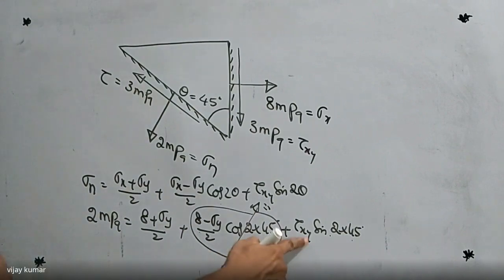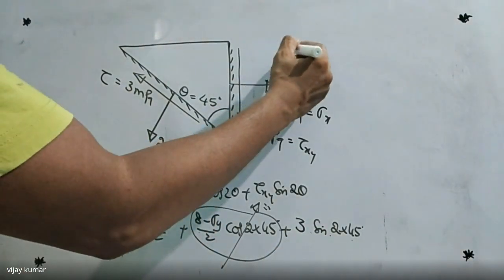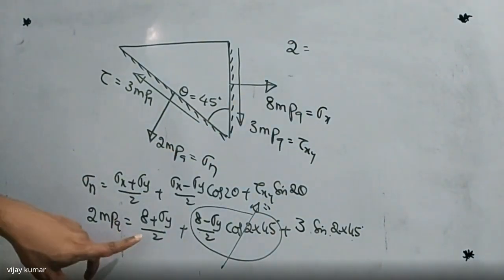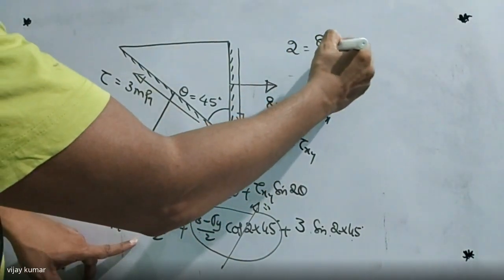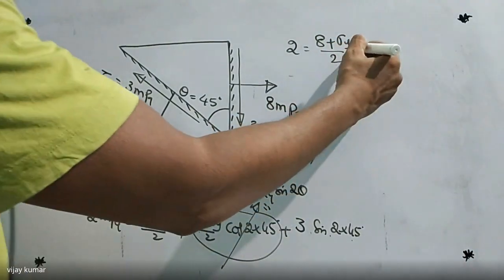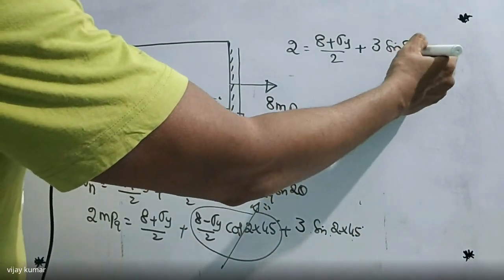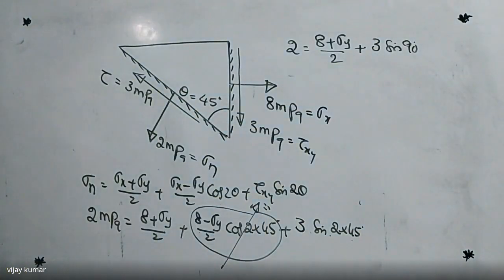In case of tau xy, what is the value of tau xy? That is 3 megapascals. So here I am writing the remaining: 2 is equal to (8 plus sigma y) by 2 plus 3 into sin 90. Sin 90 becomes 1.